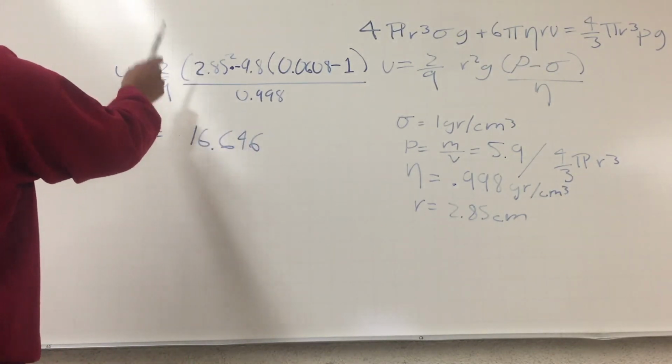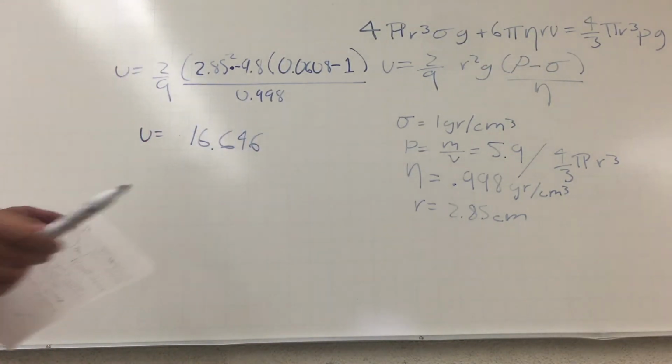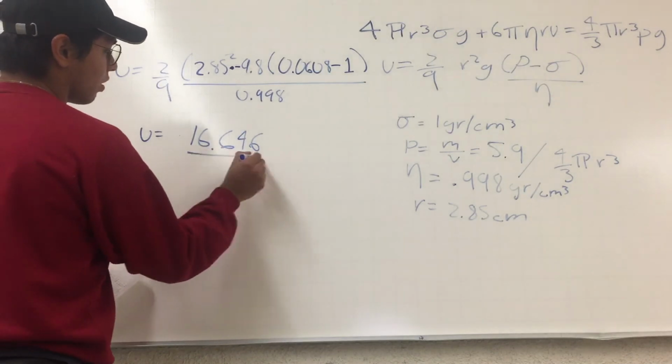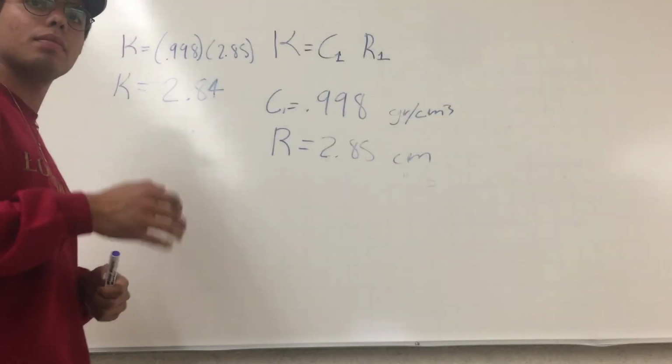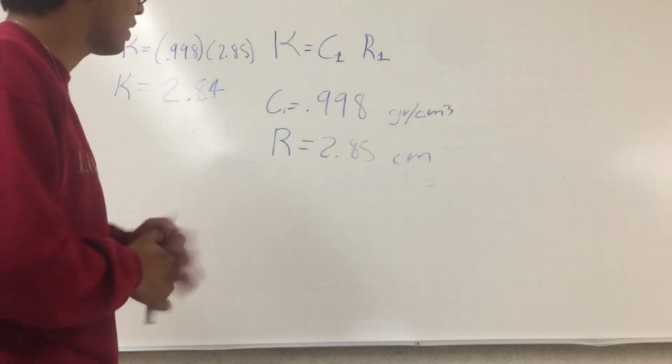All these multiplied by 2 and divided by 9 give us a terminal velocity of 16.64 meters per second.